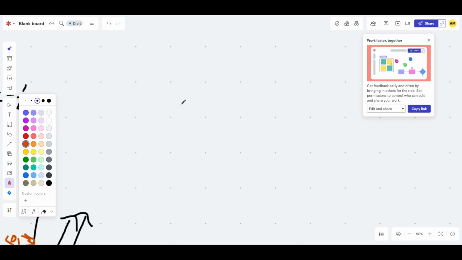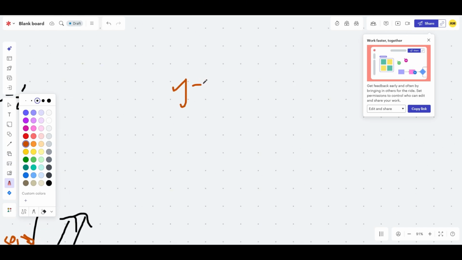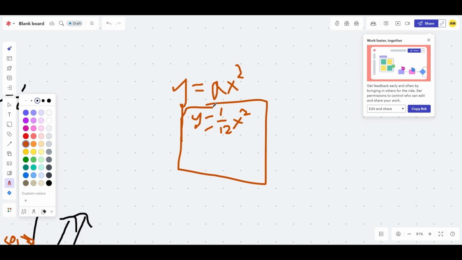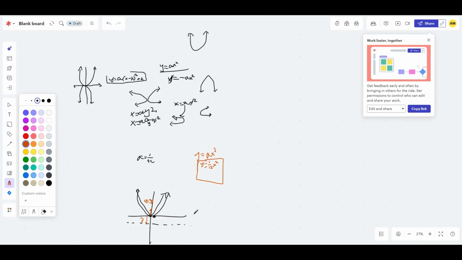So in that case you get something like y is equal to a x squared, so y is equal to 1 over, in this case 4 times 3 is 12, so 1 over 12 x squared. So that's your equation.